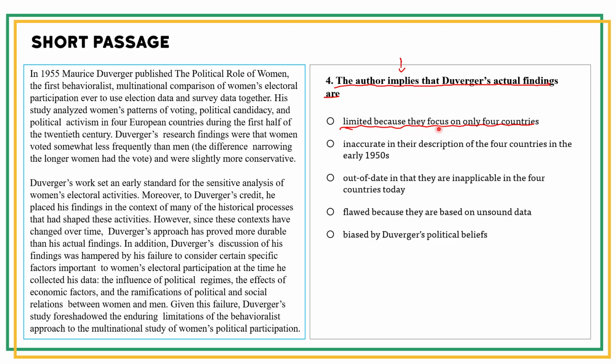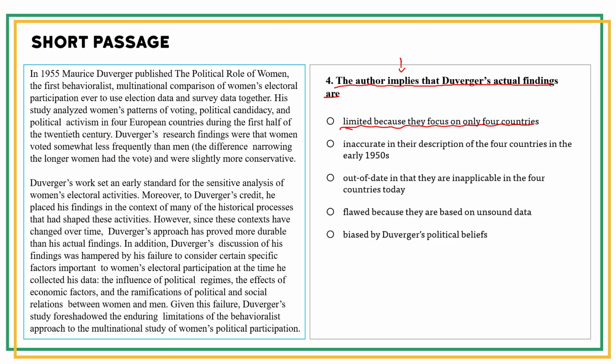Were they limited because they focused only on four countries? I have a mention of four countries here. His study analyzed women's patterns of voting, political candidacy, and political activism in four European countries during the first half of the 20th century. Where does it say it was limited because of that?